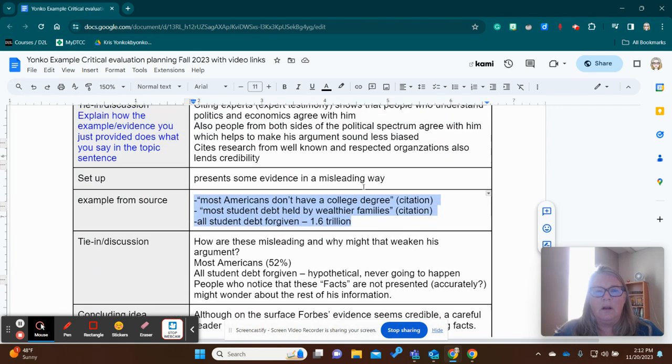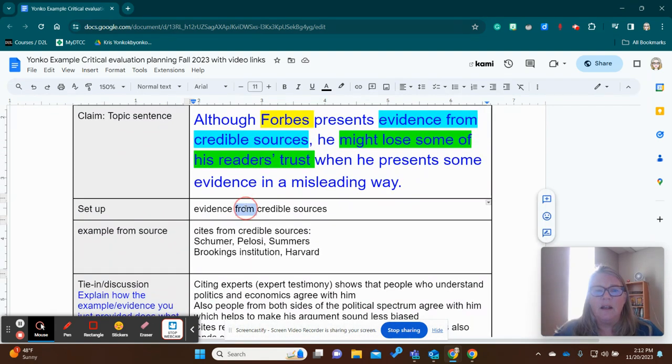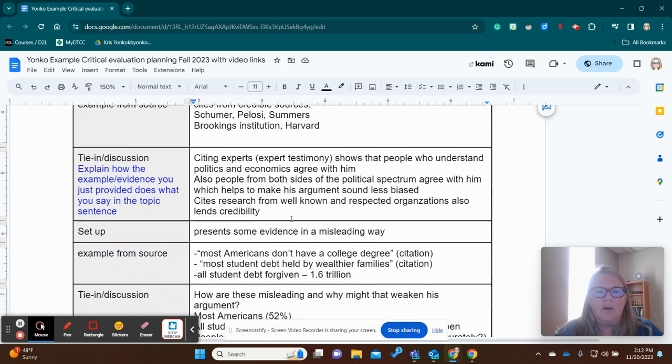All right. If you can come up with a tie-in, like not the tie-in, the setup. The setup, another way to think about it is like a general introduction to the specific examples or evidence, right? So general, evidence from credible sources. Specific, here's the credible sources. General, some evidence is misleading.